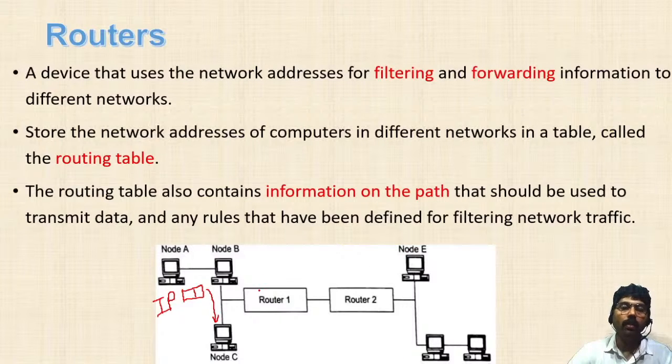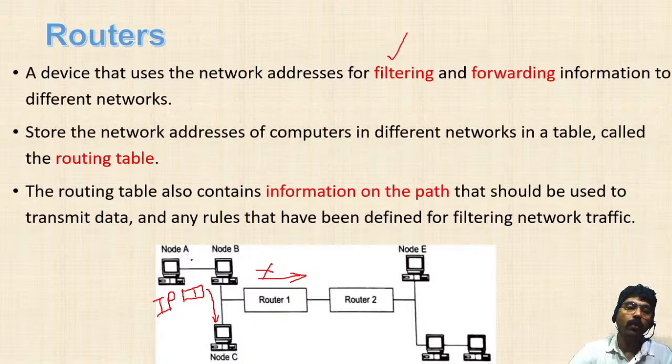Now it understood that it is more intelligent than the past devices. So it understood that the IP address is for a local machine, so it will never send that packet to the outside. So this is called filtering.